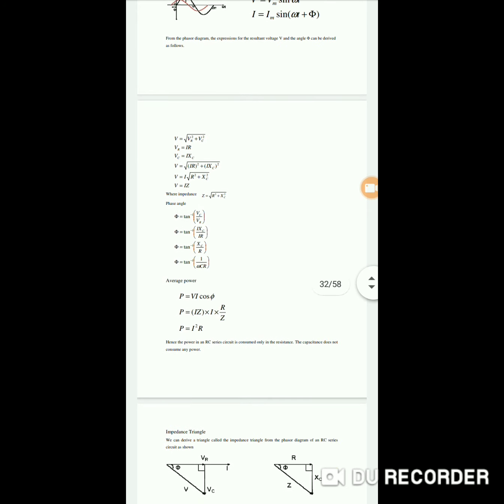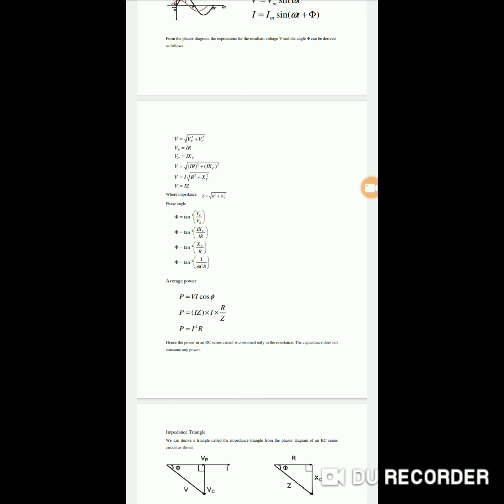If you see the impedance triangle, with respect to VC, the resistance remains constant, in phase, and the capacitance goes down, the graph is plotted downward, because the voltage lags the current by 90 degrees.